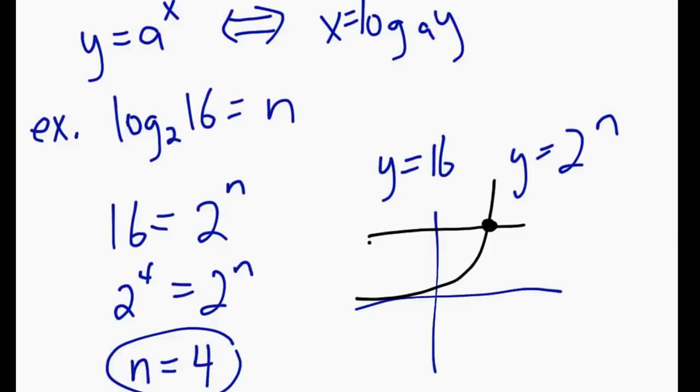Find your intersection point, and that intersection point will happen at x equals 4. So we will get the exact same answer whether you solve it mathematically or by graphing. The good news is with graphing it'll always work. The bad news is it takes you time to plug in the numbers and find the intersection point and so on. What we're going to look at today is how can we solve these actually using logs instead of exponents or graphing, and most of you I think are going to find that it's a better, easier way to go.